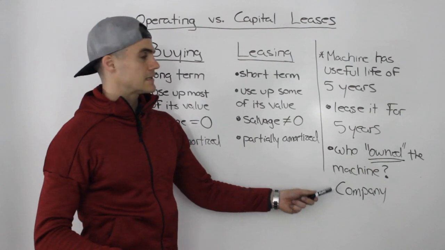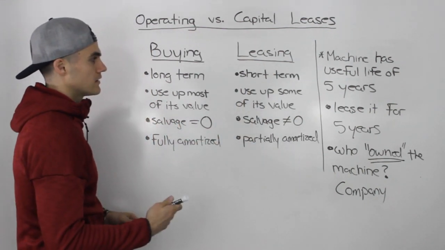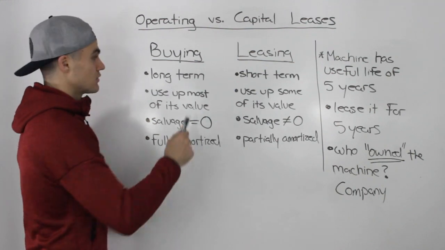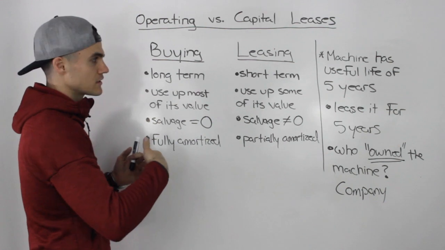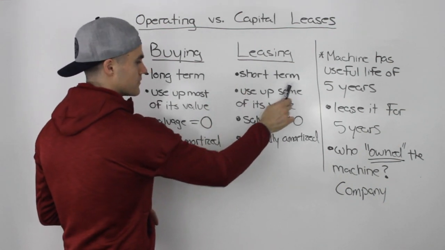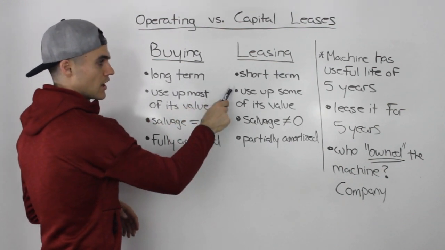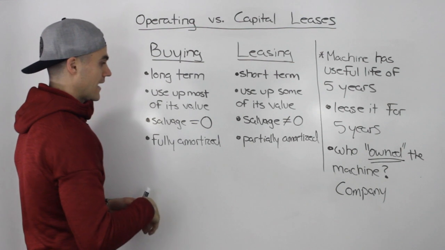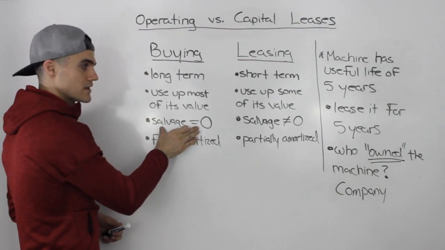So the company leased this machine, but it used up the machine for a long period of time relative to its useful life, basically for its entire useful life, not for a short period of time. So it used up all of its value, not just some of its value, and then at the end, the salvage value of the machine was 0.